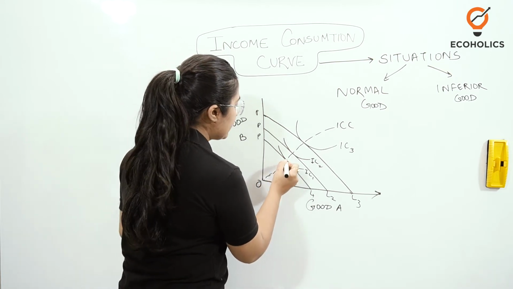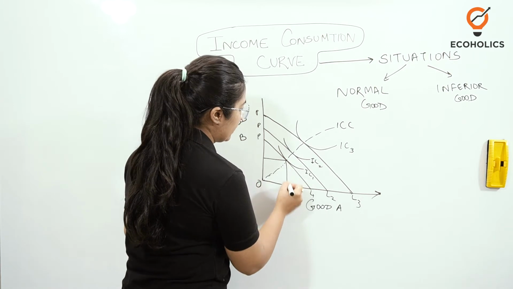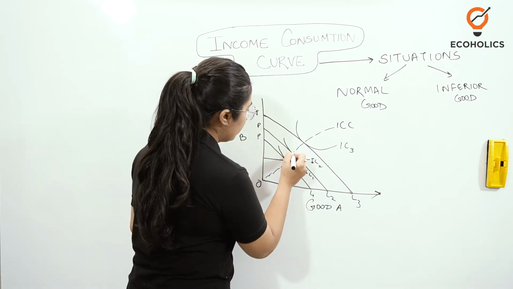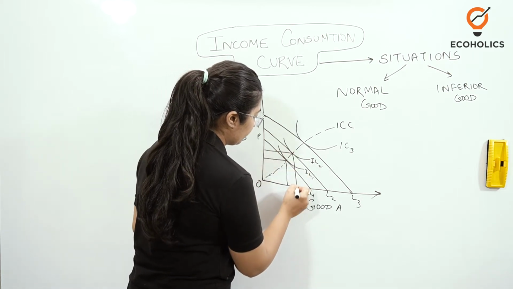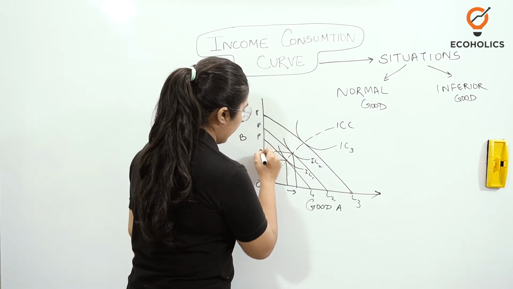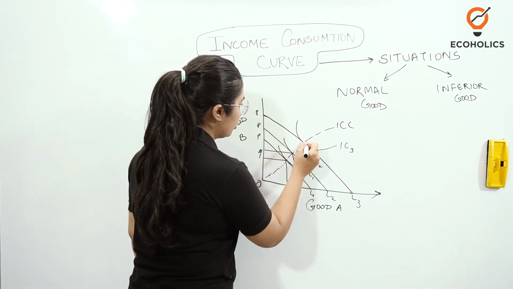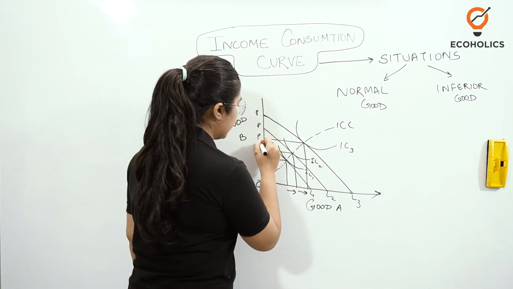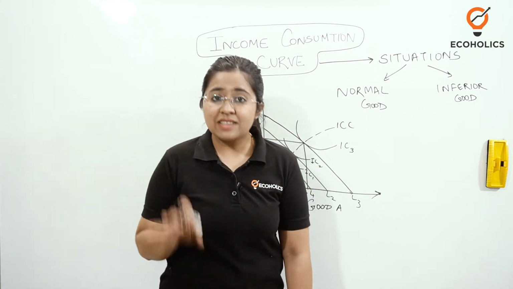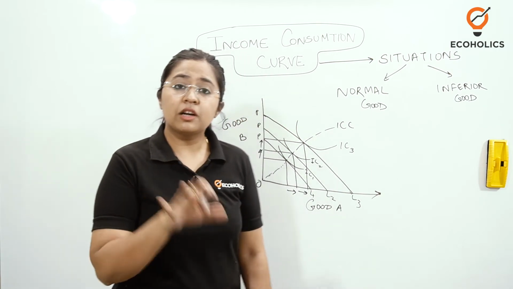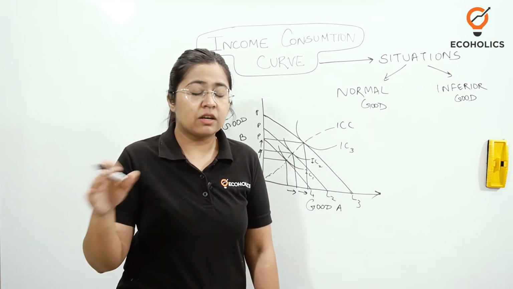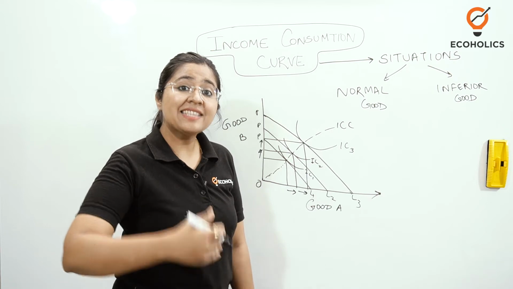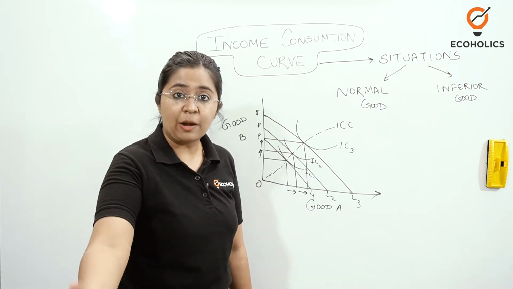Because as the income increases from PL1, let's say, to PL2, and then from PL2 to PL3, we see that the quantities of both the goods are increasing with the increase in income.